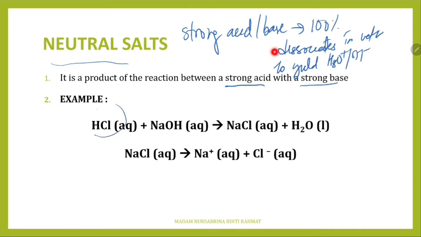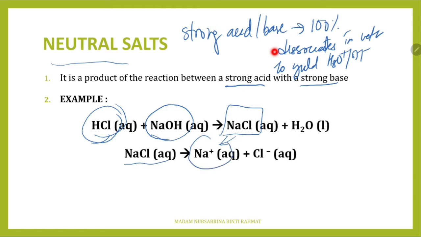The reaction between strong acid and strong base will produce your neutral salts. The example given here is HCl reacting with NaOH, both are strong, and it forms NaCl. So let's break down NaCl. NaCl is made up of Na plus ion and Cl minus ion. Let's look at the potential of these two ions to hydrolyze or not.